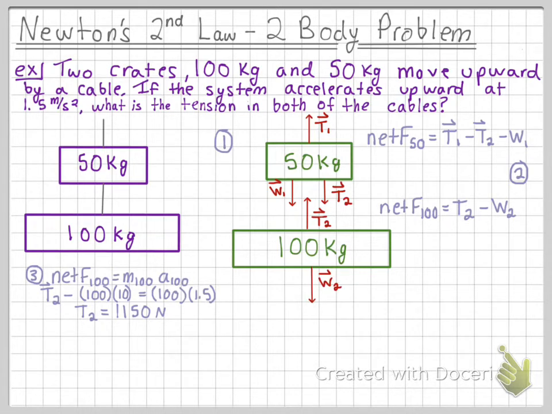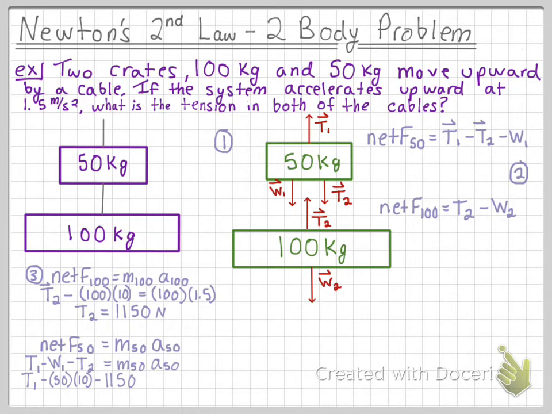Next, let's use Newton's second law to find the tension force in the rope above the 50 kilogram block. To do this, we will use the net force acting on the 50 kilogram block and set it equal to the 50 kilogram block's mass times its acceleration. So the net forces acting on the 50 kilogram block in the y direction are T1 minus weight 1 minus tension 2. We know that the weight of the block is equal to its mass times gravity, and we already found that the tension force in the rope between the two blocks is 1,150 newtons.